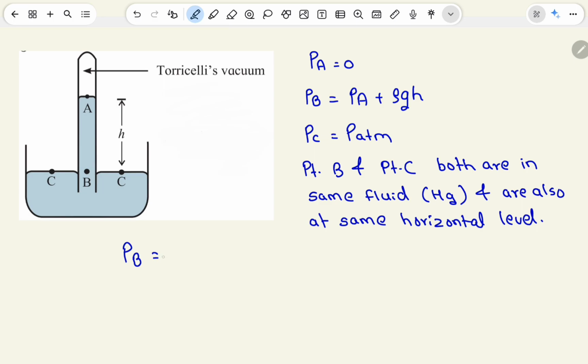Therefore, pressure at point B is equal to pressure at point C.